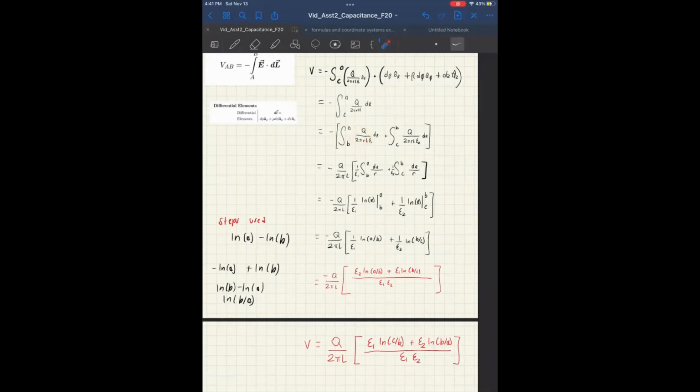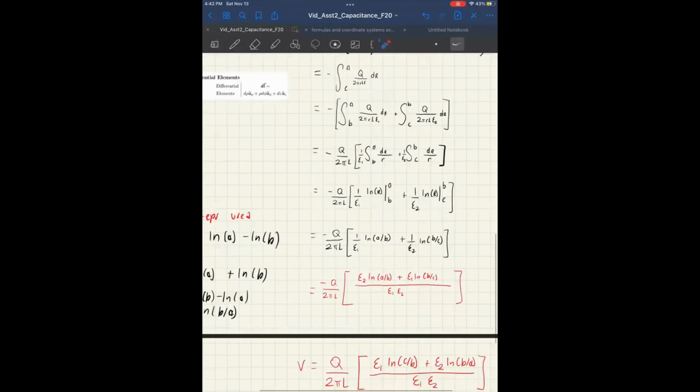We leave in epsilon and r, but everything else gets taken out because it's common to both integrals. The epsilon 1s and 2s are taken out of the integral because they're specific to that integral. Region a to b has the permittivity of epsilon 1, and region b to c has the permittivity of epsilon 2. So now we solve the integral.